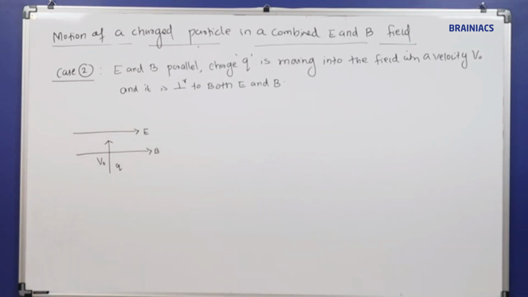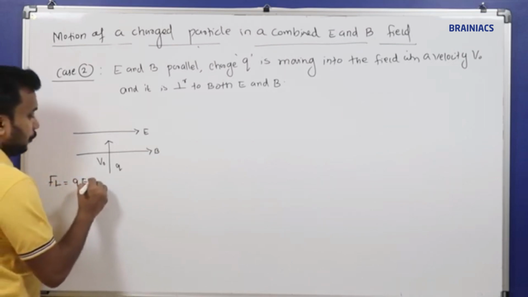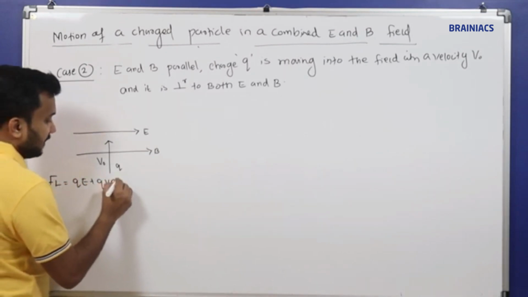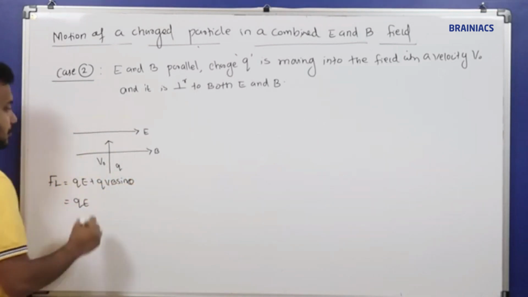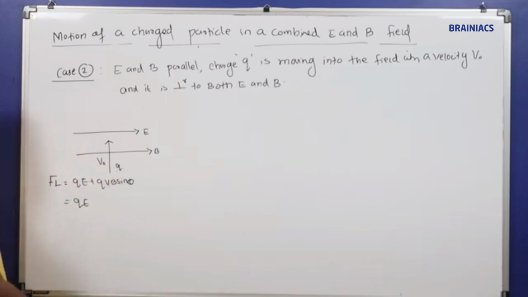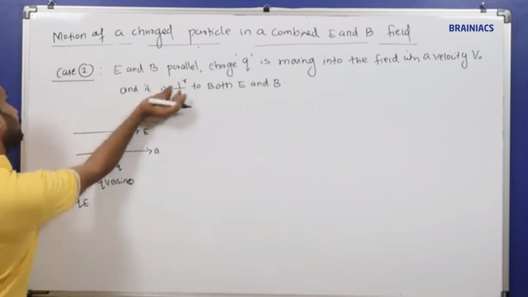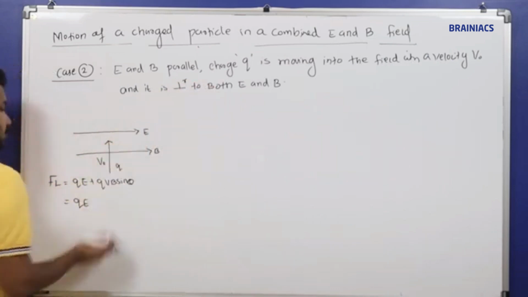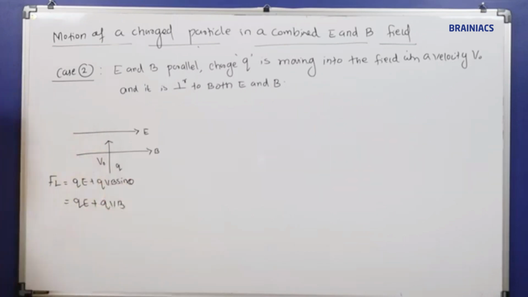Next, we have to see the Lorentz force. What is called a Lorentz force? FL is equal to QE plus QVB sine theta. So first QE. Yes, electrical force will be there. Because of the electrical force, when a charge is coming here, the force is in this direction, so the charge can bend like this. Plus QVB sine theta.